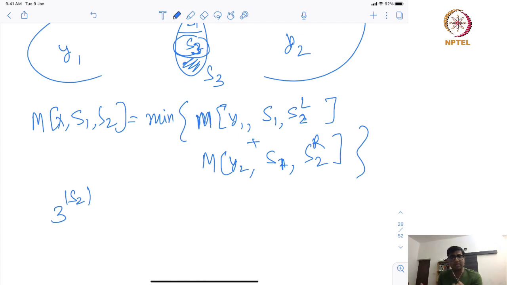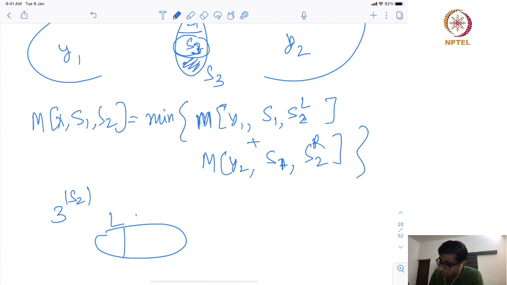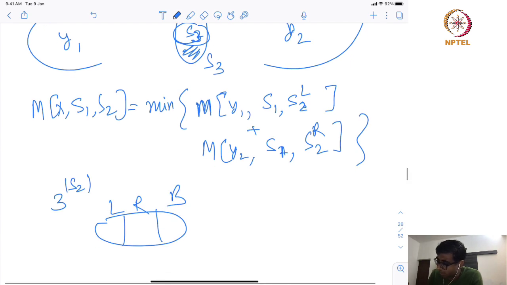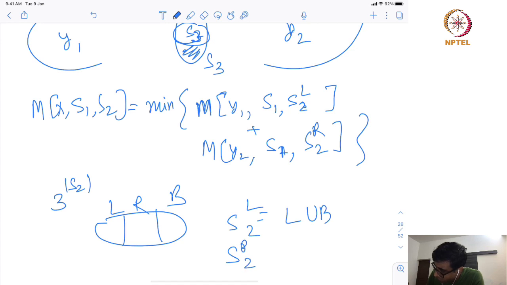If you decide for S2 left, right, both, then S2 left is L union both, and S2 right is R union both. You put this in and compute these values. For each of these values you compute the number, and then you subtract the cardinality of S1, because that is common to both, and among all such possible values you take the one which minimizes.